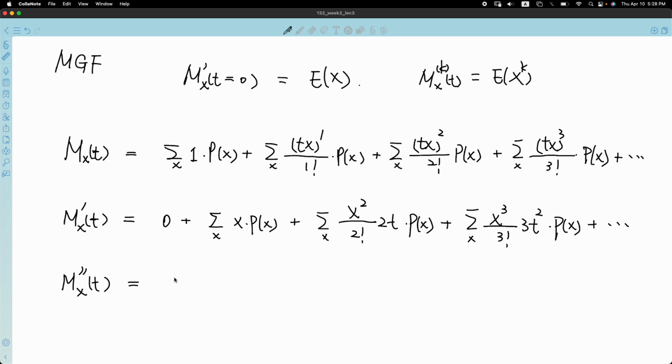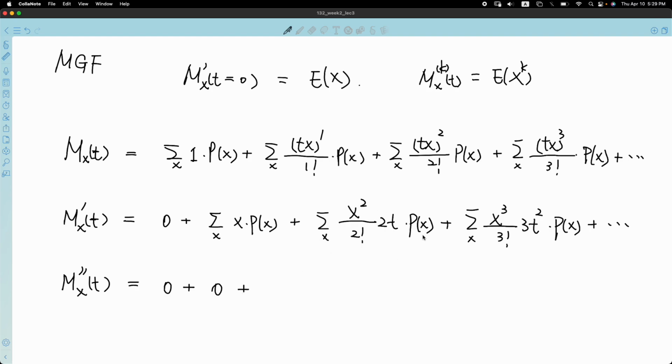Can someone tell me what the derivative of the first term is? Just 0, right? What about another derivative with respect to t for the second term? Also 0, right? That's not involving t. So we have two zeros here. What about this one here?